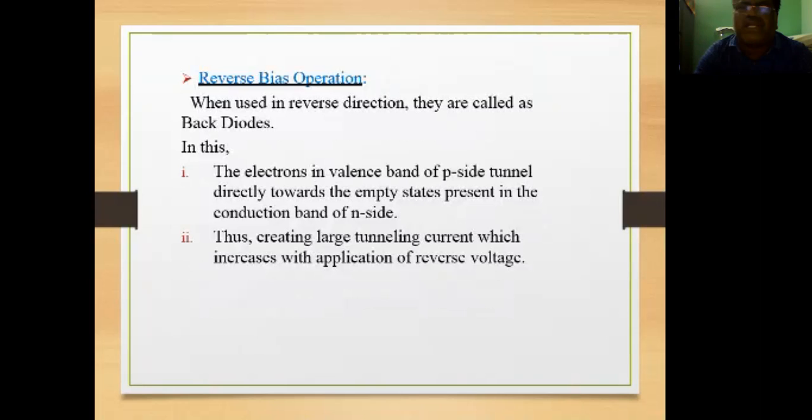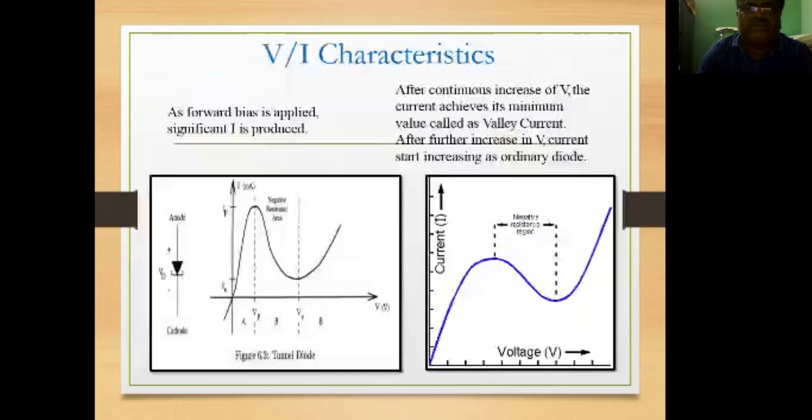Reverse bias operation. When used in the reverse direction, they are called back diodes. The electrons in the valence band of the P side tunnel directly towards the empty states in the conduction band of the N side, creating a larger tunneling current which increases with the application of reverse voltage.